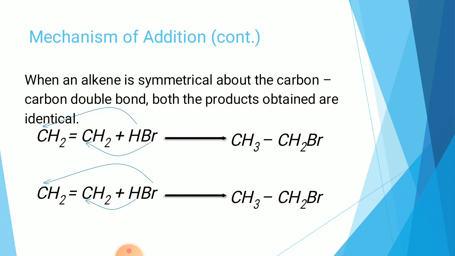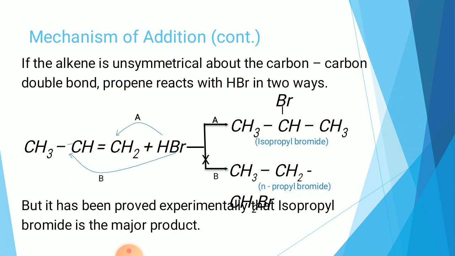So finally we get two products which are identical to each other, when the alkene is symmetrical about the carbon-carbon double bond. But when the alkene is unsymmetrical about the carbon-carbon double bond, a different kind of reaction occurs.